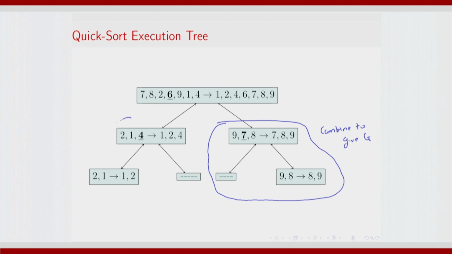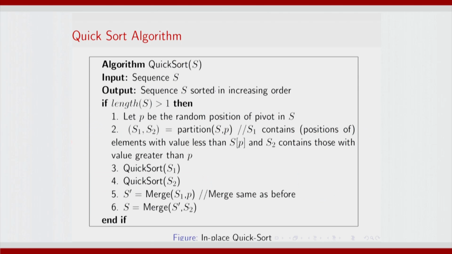You have already combined all the subarrays in this subtree to give you L. And finally you invoke a combine of L, G and E at the top level, where E is a singleton set 6.